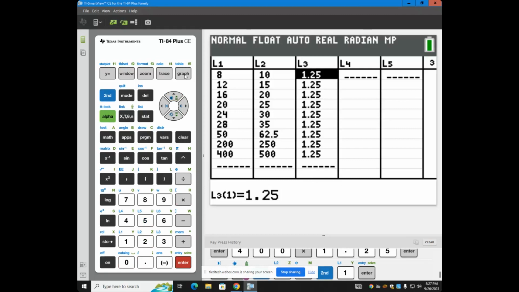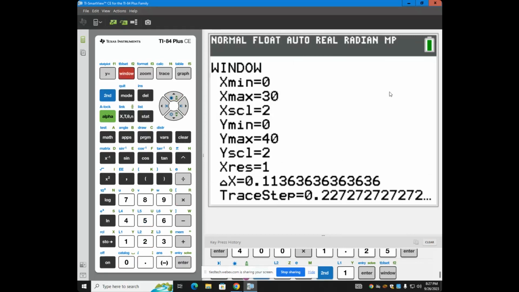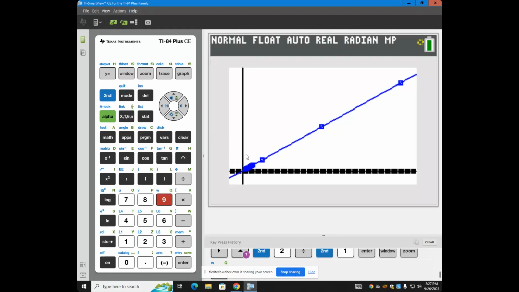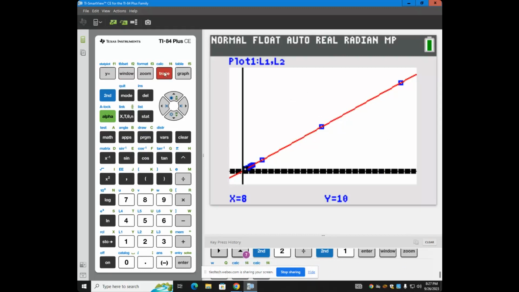Now again, you graph, and you're not going to see those new values, so you can have another great discussion here about setting the window, or like I saw many people in the chat said, you can do zoom stat, and it will automatically fit that. You can hit the trace button here, and you can see that we are plotting along all these little points, and then there's our extended points there. It comes out to be a perfect fit.